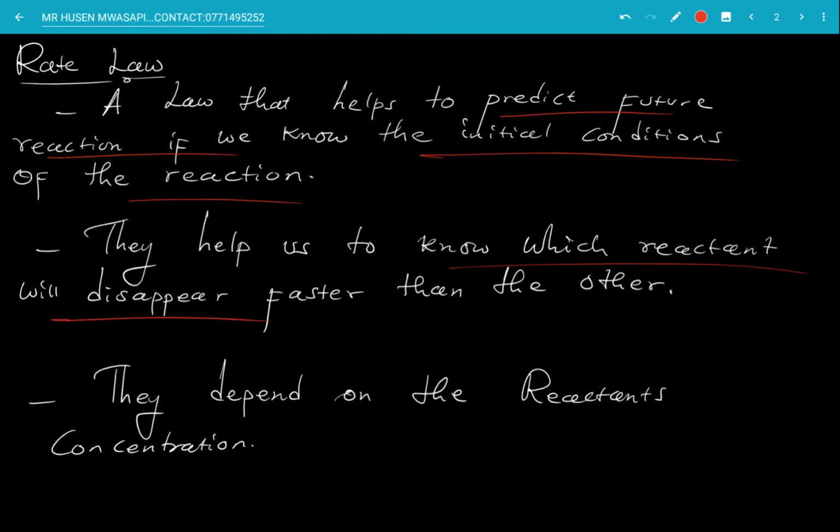Now, since our main focus is reactants, we should bear in mind that rate laws entirely depend on the reactant's concentration. What do we mean? Let's try and understand this with a basic illustration.